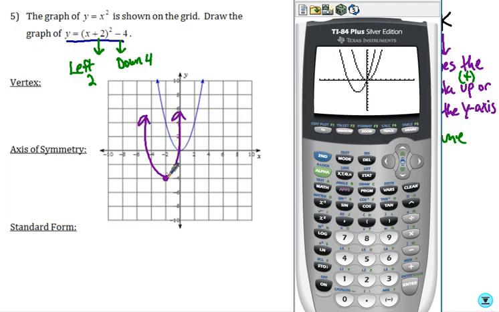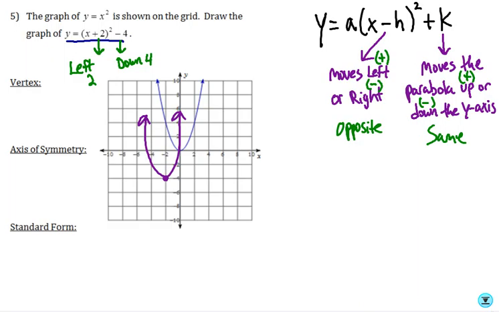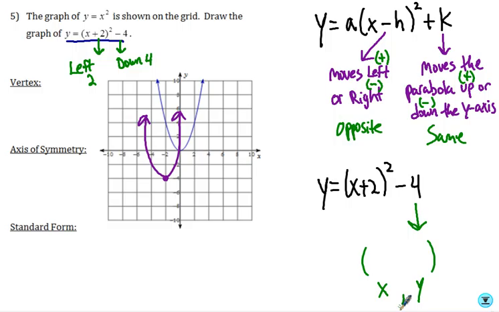So let me summarize here. The vertex is the turning point. Let me rewrite the original question here: the quantity x plus 2 squared minus 4. What ended up happening is that this ended up being the x, and this ended up being the y of the vertex.